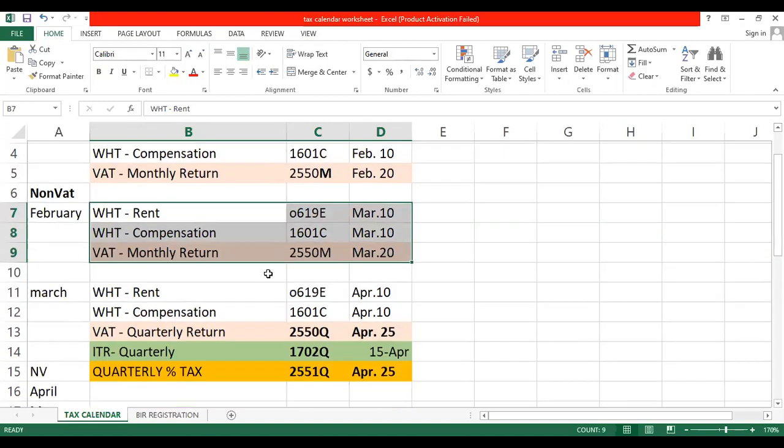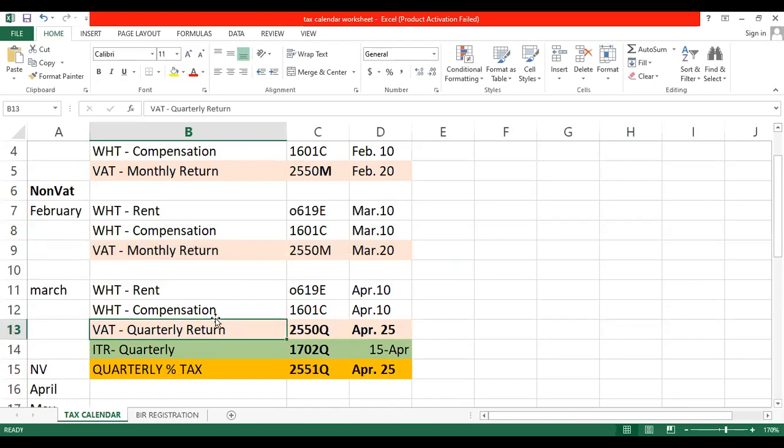Okay. However, for the VAT, notice that at the end of the quarter, for the month of March, the VAT would now be filed using 2550Q, or that's the quarterly return. So what would you do? You get all your sales for the quarter.